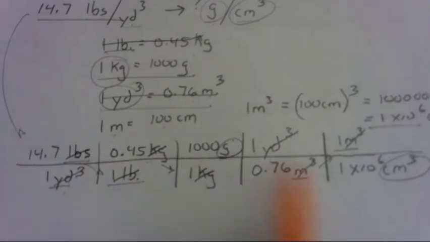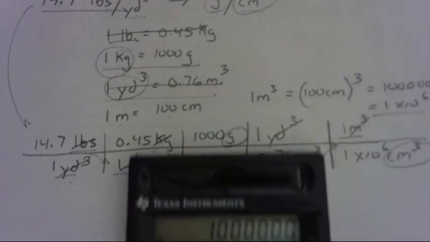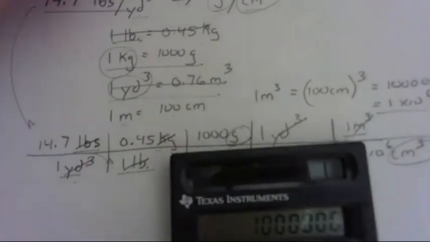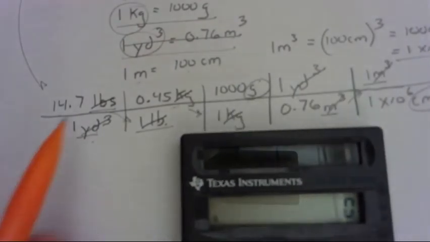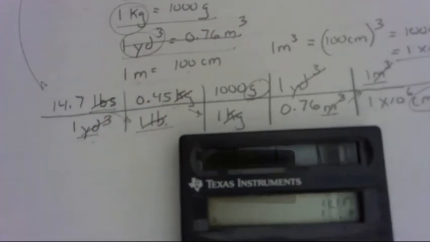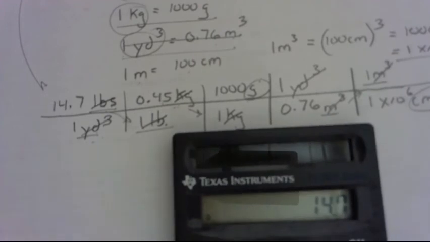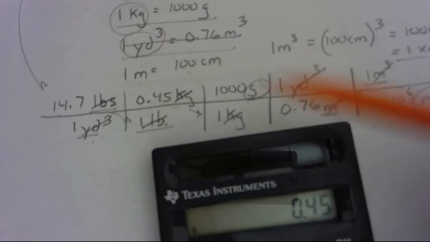So now it looks crazy, but it's just very simple. If the number's on top, you multiply. Numbers on the bottom, you divide. All right? So move that down a little bit more. I have 14.7. I go to the next cell and I have a number on top. So I'm going to go times 0.45. I go to the next cell, again, it's on top.